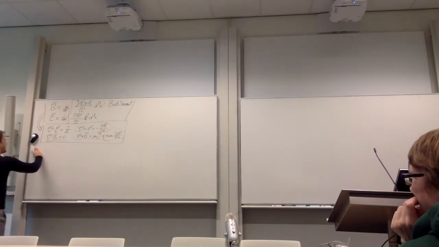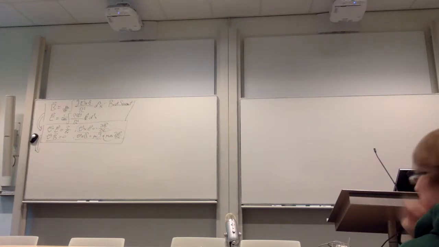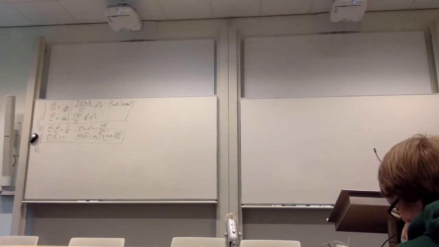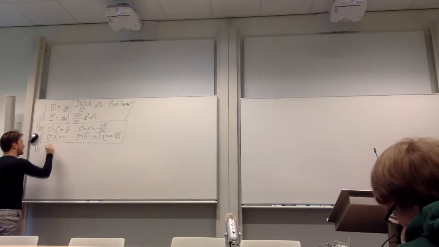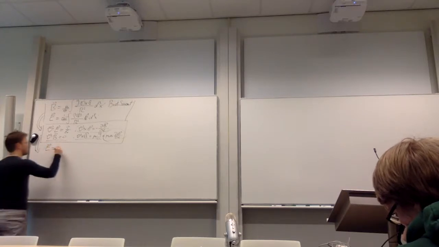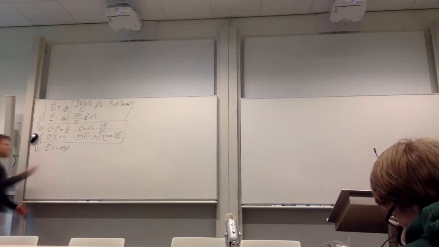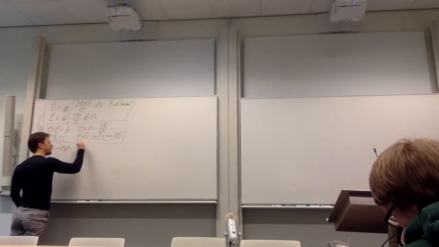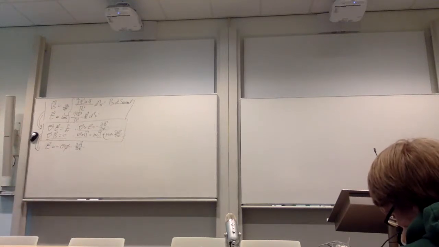But yes, then the next step was that we could rewrite this into vector potentials and scalar potentials in the following way. Again, skipping just the math, but we found that if you would want to calculate the electric field, what you had to do was take minus the gradient of this thing phi, and subtract from that the time derivative of the vector potential.